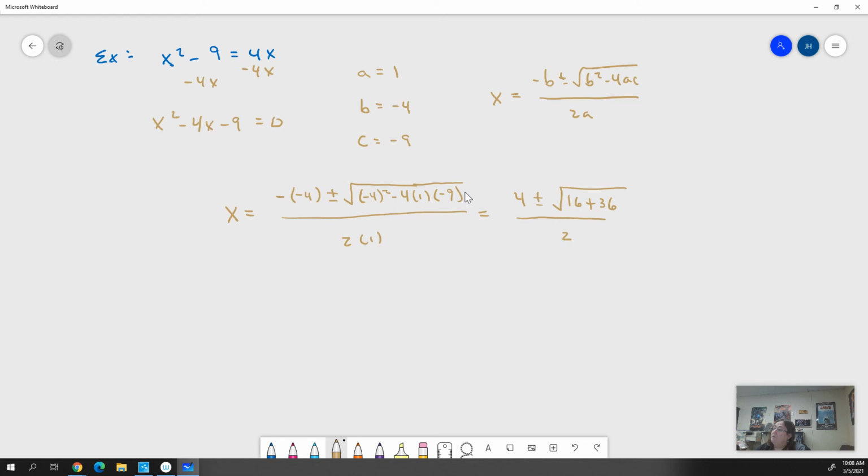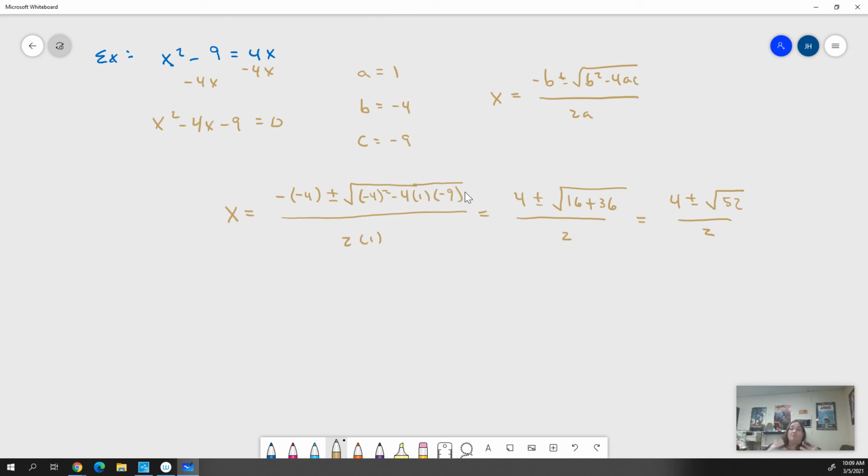All over 2, which is going to give me 4 plus or minus the square root of 52 over 2. Now, 52 is not a perfect square. I know, because 7 times 7 is 49, and 8 times 8 is 64, and there's nothing in between those that's going to make that a perfect square.